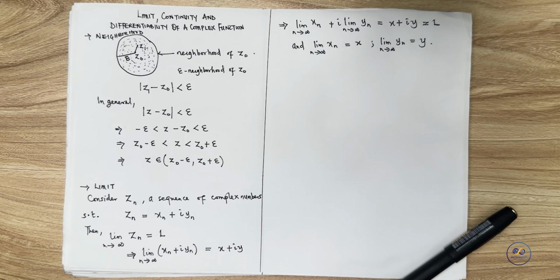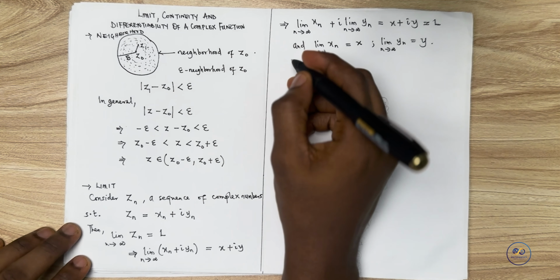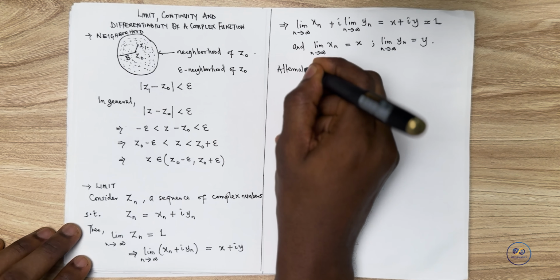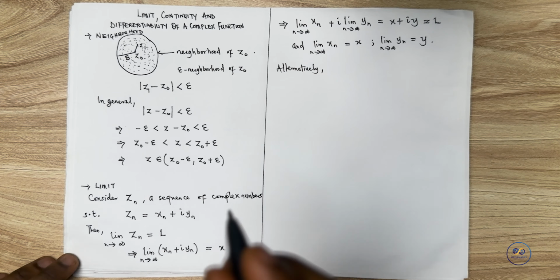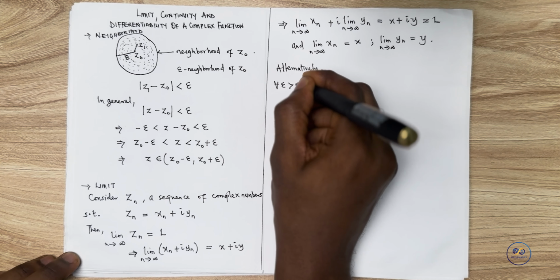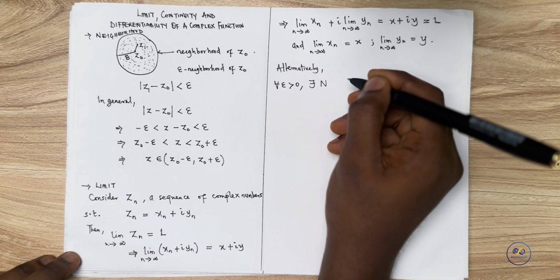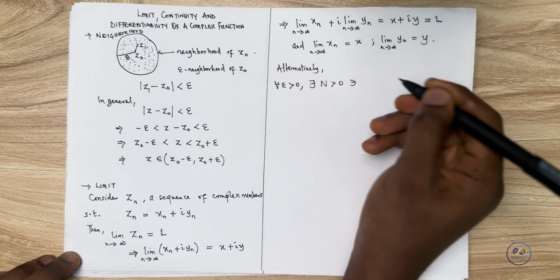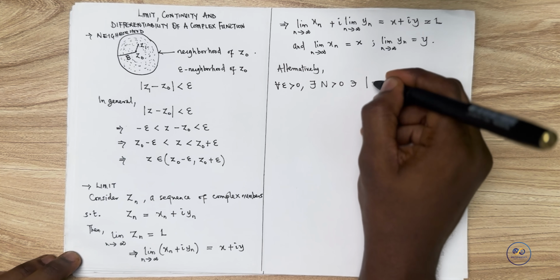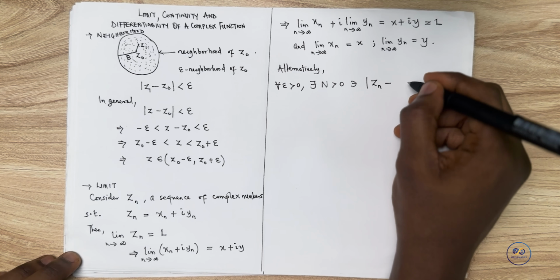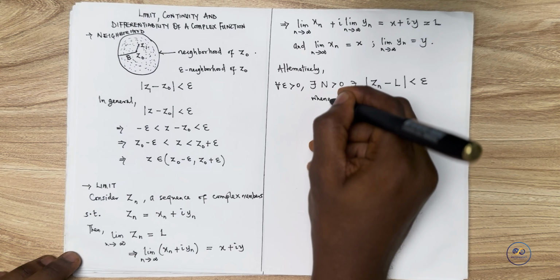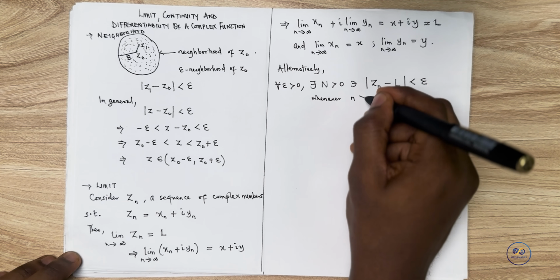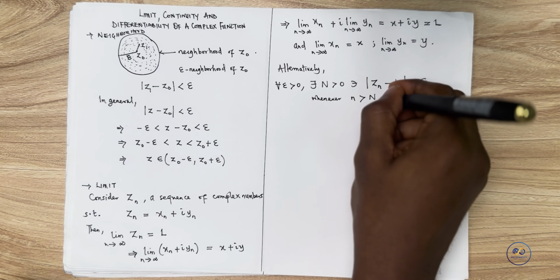Now, if we were to write this rigorously mathematically, we could write it in the epsilon-N definition and say that for the limit, which of course talks about the convergence of the sequence, we can have that for epsilon greater than 0, there is a particular positive value N, such that the absolute distance between the sequence of complex numbers and its limit is very, very small whenever the index of the terms of the sequence exceeds that particular number.